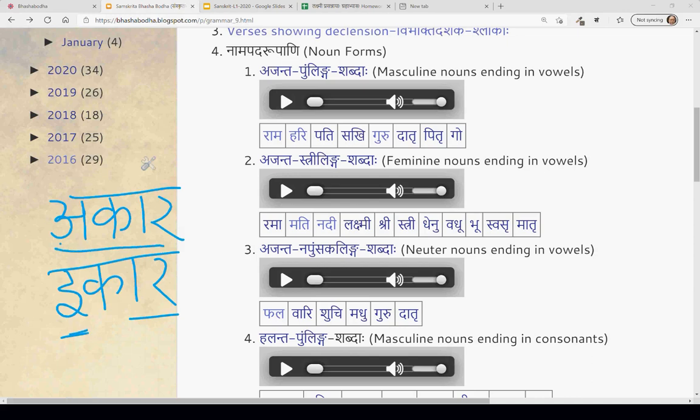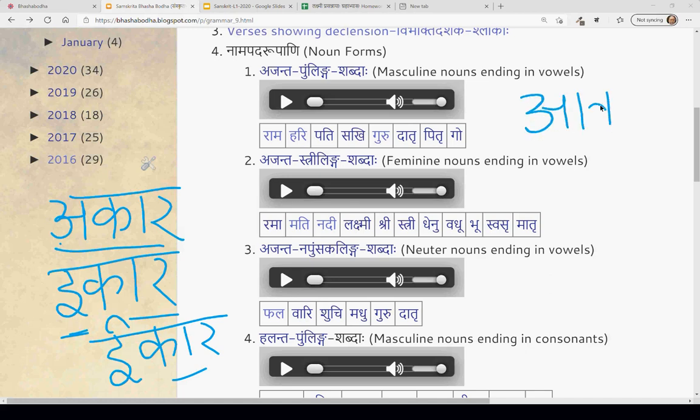Akara means a sound, and ikara means dirgha, the long e sound. And anta means ending. So when I say akaranta, it means a word ending in a sound.